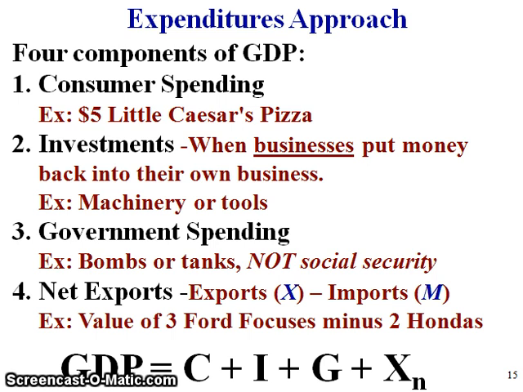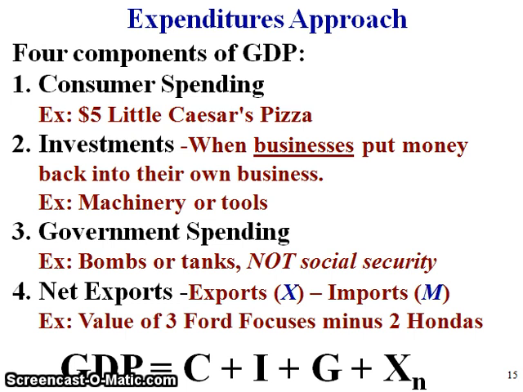I is investments, when businesses put money back into their own businesses, and investments include inventories that are added to a business's inventories in a given year. So it doesn't account for all current inventories, but only those added in the current year. Any machinery or tools, capital goods that may have been invested in or repaired in that year.